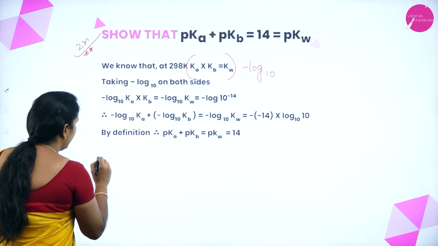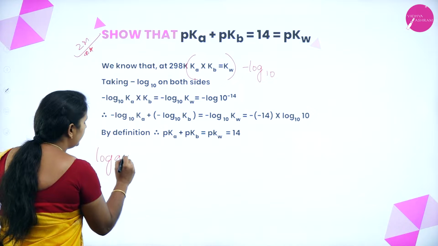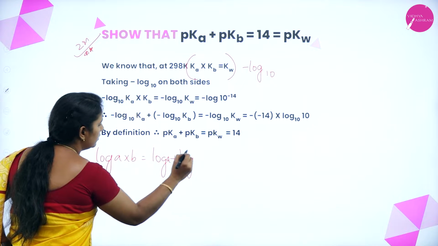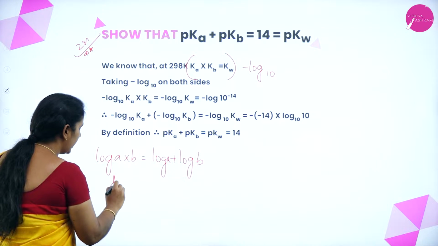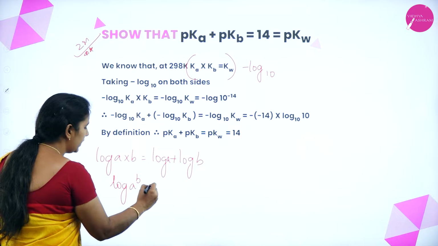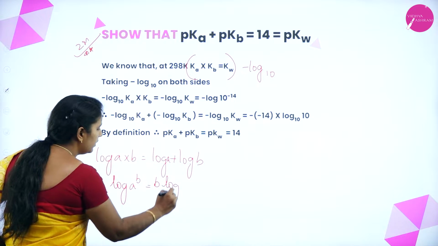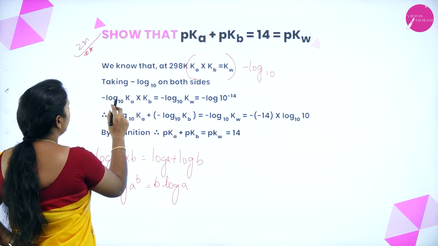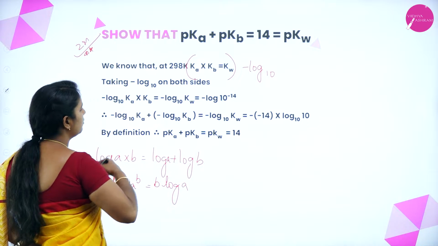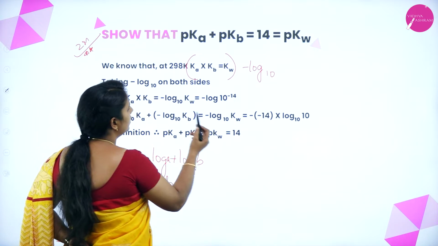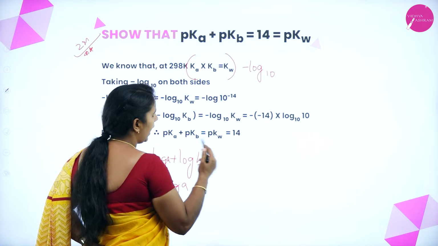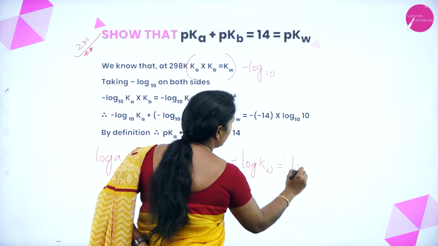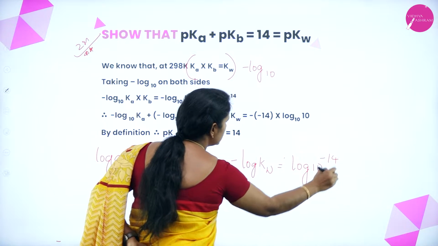We know that log of A into B is equal to log A plus log B. And we also know that log of A to the power of B is equal to B log A. Now I have written the above equation as negative log 10 Ka plus negative log Kb, and we know that Kw is equal to 10 to the power of minus 14.